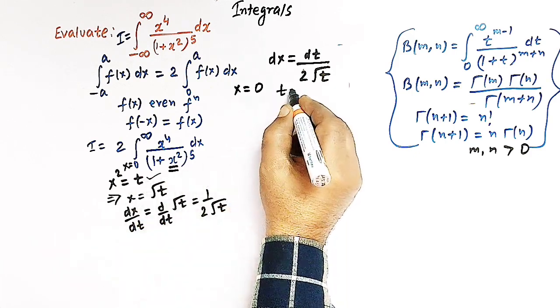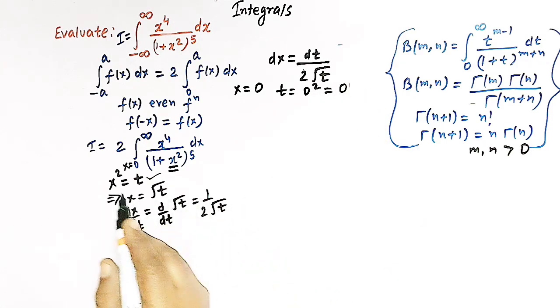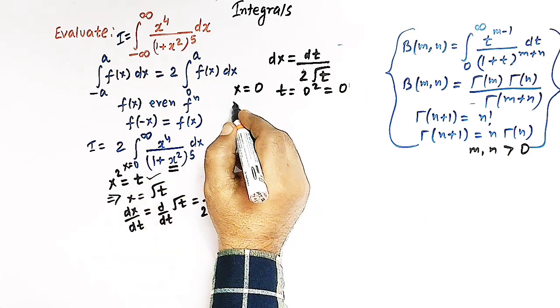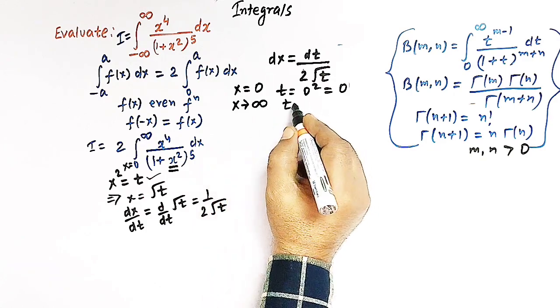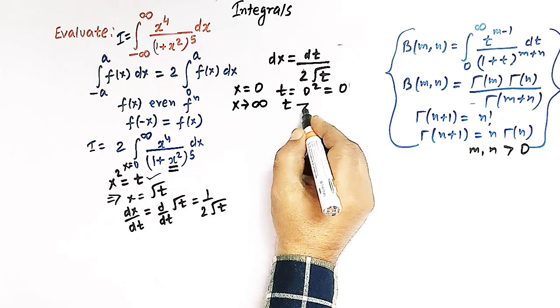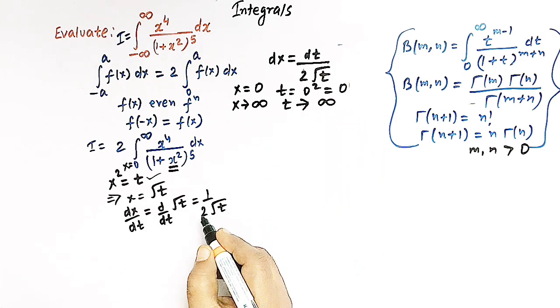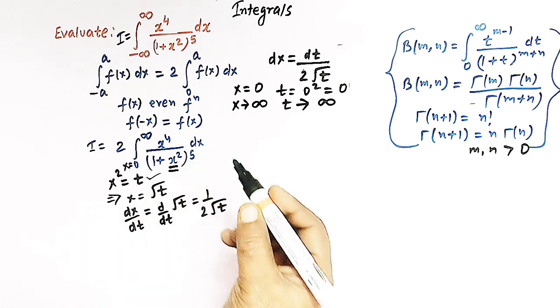So we have t is equal to 0 square, that is equal to 0. And when x is tending to infinity, then obviously t is equal to infinity square, that is t also tends to infinity. So now let us write this integral in terms of t.